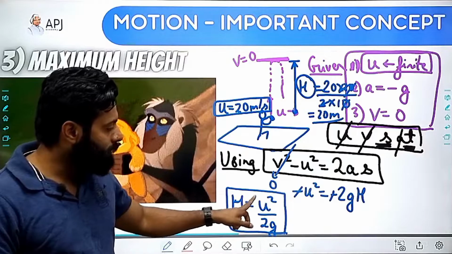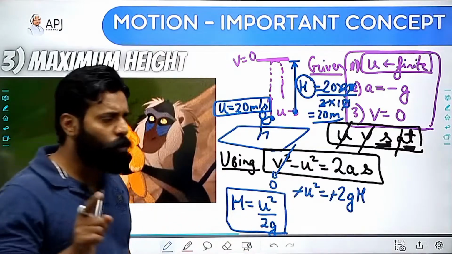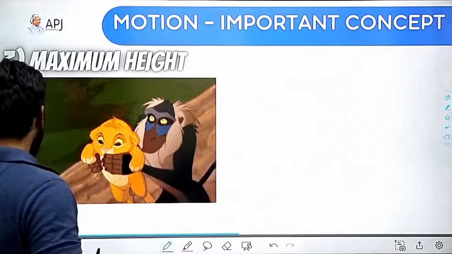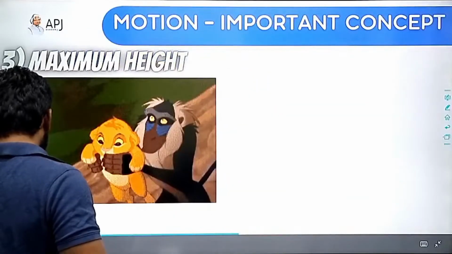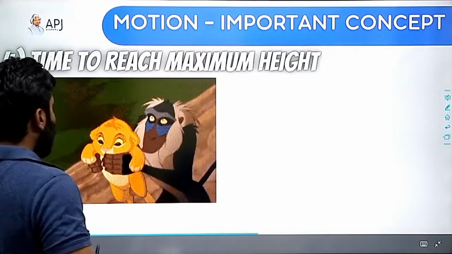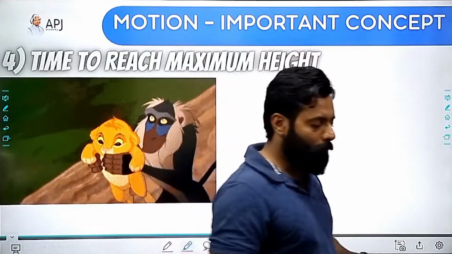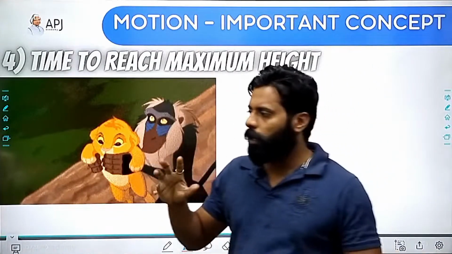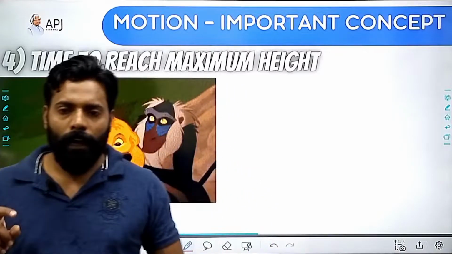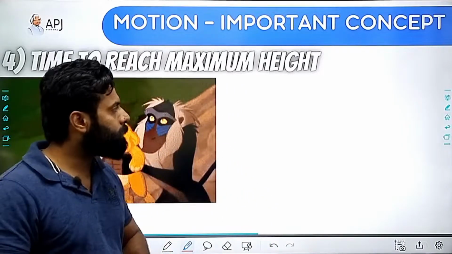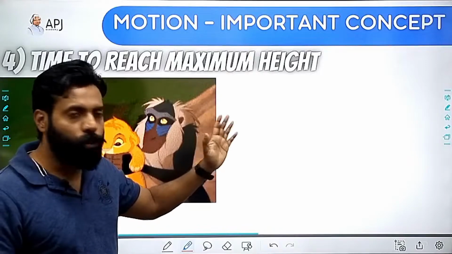So we got h is equal to u square by 2g. I am going to use this in projectile motion as well. Then the last concept, the fifth funda, I'll be teaching you when I teach you this motion chapter.